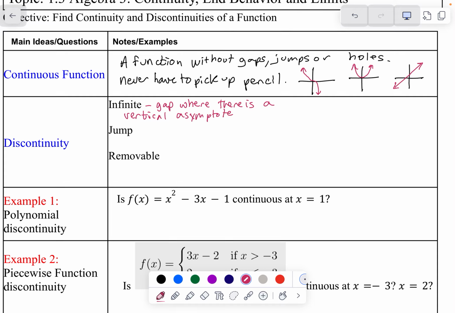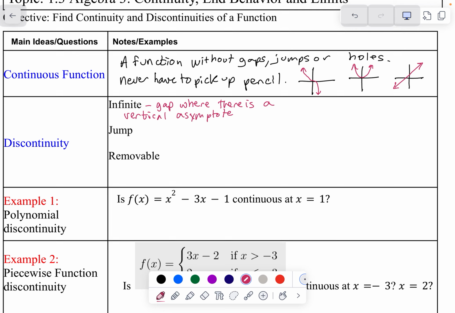You might say, well, what the heck's a vertical asymptote? An asymptote is a line that we can approach and get super close to, but never cross.